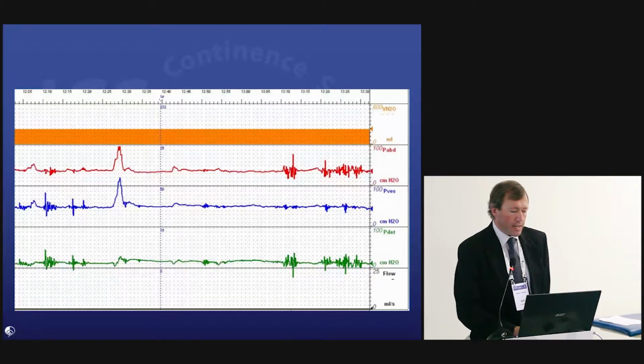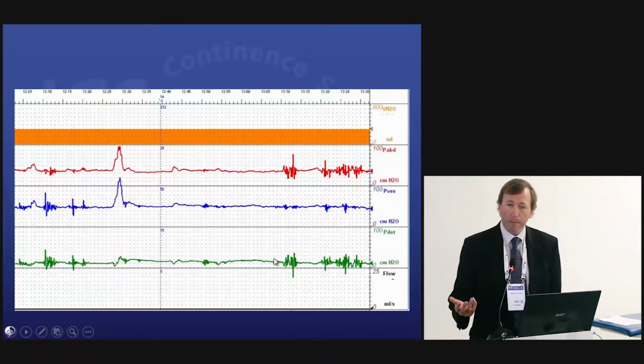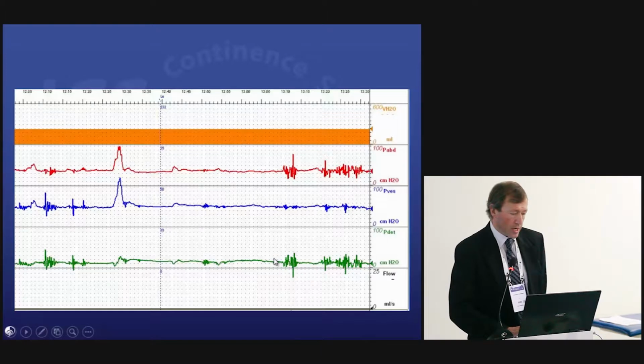You can see that down at the bottom we have 2 areas where there is noise on the PDET trace. And this noise will get in the way of your measurements. What is it that's causing this noise? Can you see above on the first one, there is that noise on PVES, but not on the abdominal pressure.